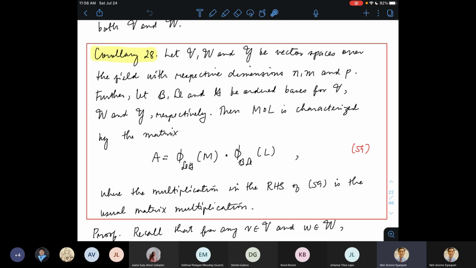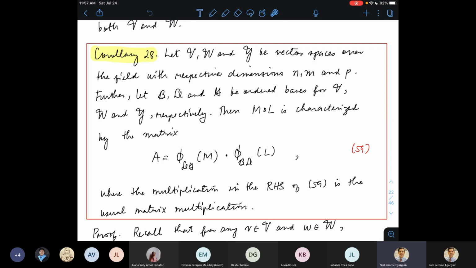But equation 59, or this theorem, corollary 28, gives us a nice way on how to find a matrix representation, all right? So you don't need to go through the definition of M circle L of V to be M of L of V, because the long cut for deriving the matrix representation is to find the matrix representation of L, compute the matrix representation of M, and then use them in deriving the matrix representation for M circle L, all right?